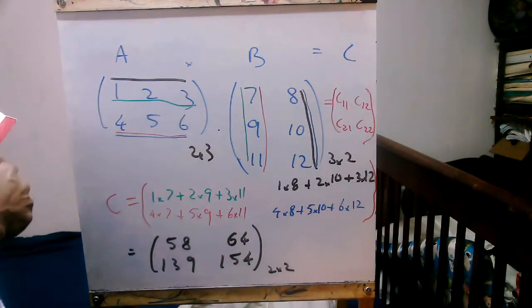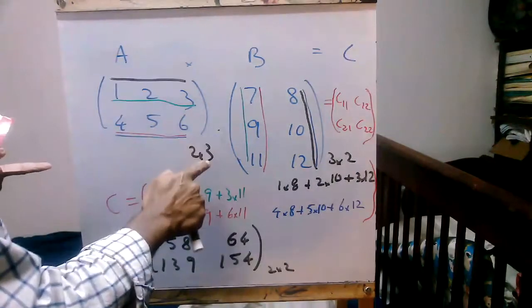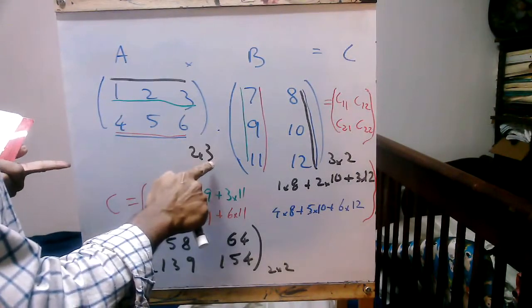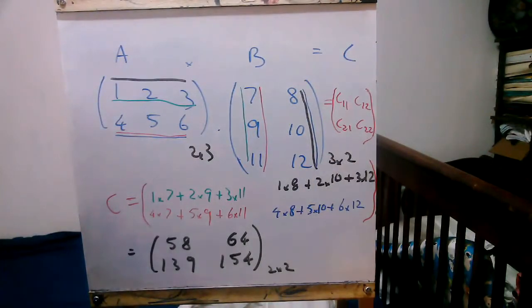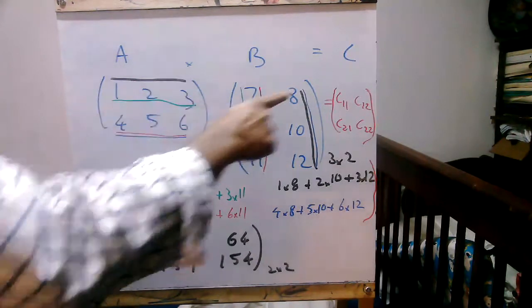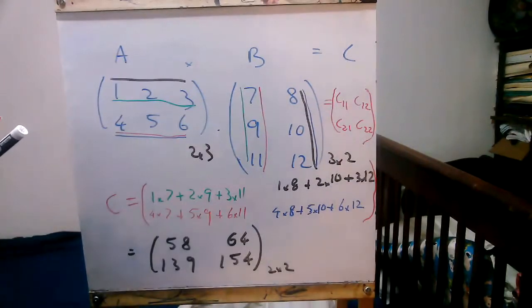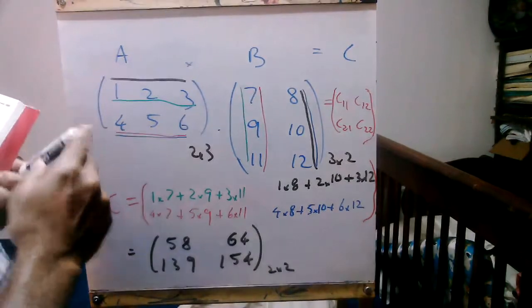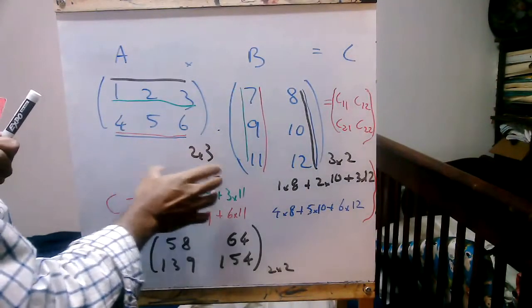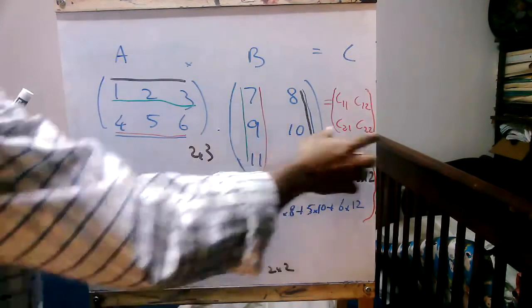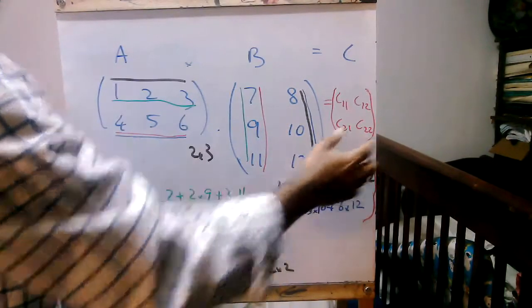We can do multiplication if and only if the column number of the first matrix equals the row number of the second matrix, right? And the way we multiply, it is easy to remember this. Now once you get the matrices, write this resultant in this way.